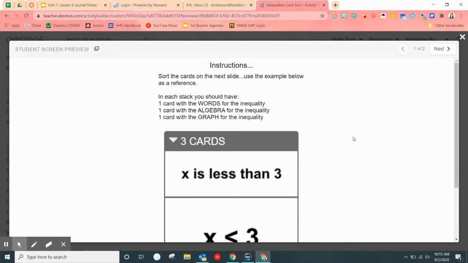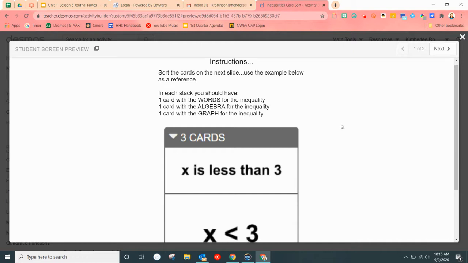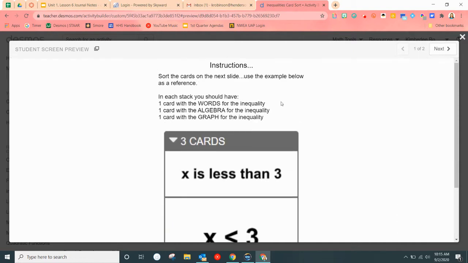You just complete it as long as you log in with your Google account. When you go to the link in Canvas, it's going to bring it up and ask you to log in with Google. So do that and it will save your progress. You can come back to it if you don't have time to finish it, and it actually saves it. And then I can see you while you're working, and then I can see it at the end when you're finished as well.